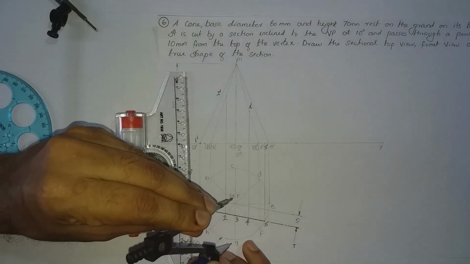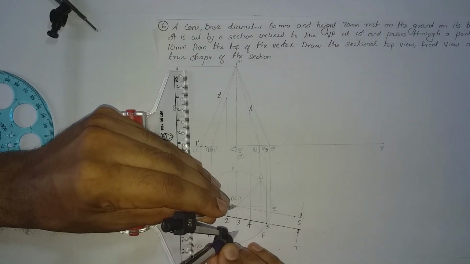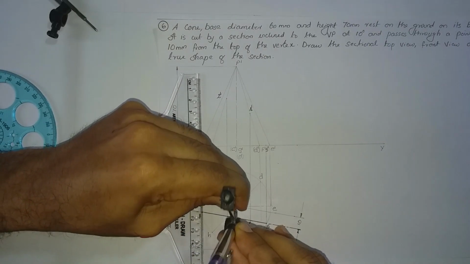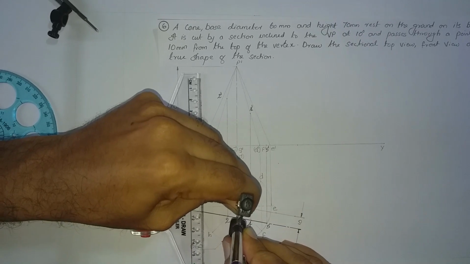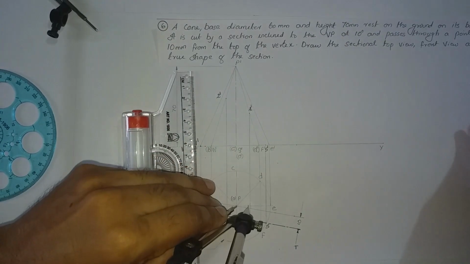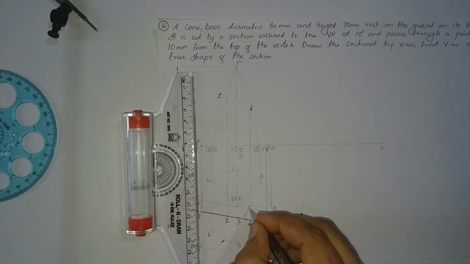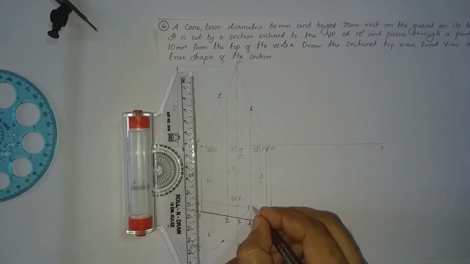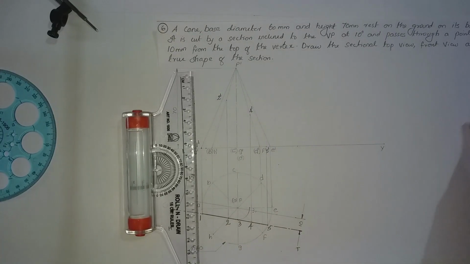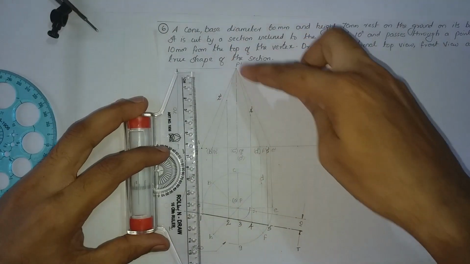Now let us rotate P3 to PE. Let us mark this point as 3 1. And let us transfer 3 1 to P dash E dash.